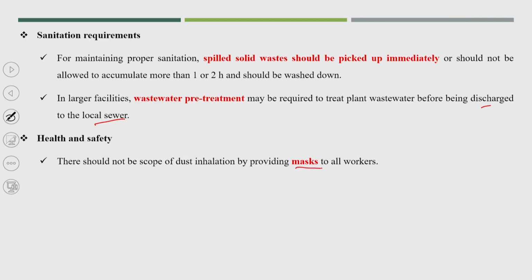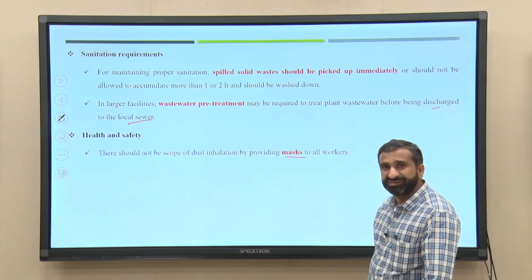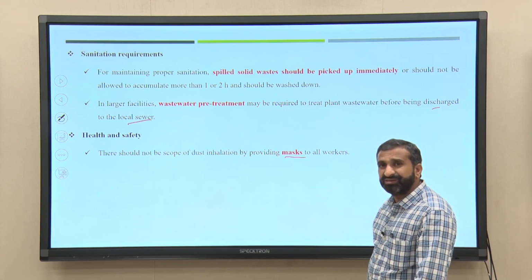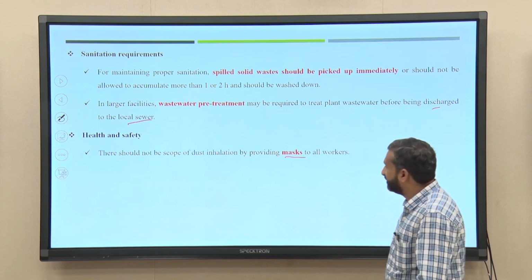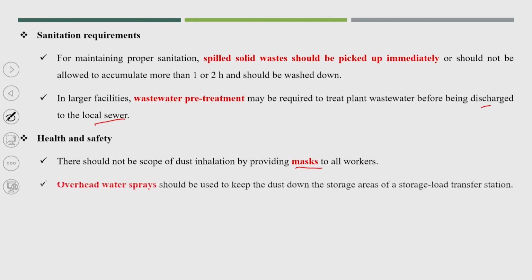This is also very important, because a lot of particulate matter could be produced during the operation. I think that data on PM10 or PM2.5 are not available, but some kind of dust will get produced during the entire operation. So, masks should be provided.